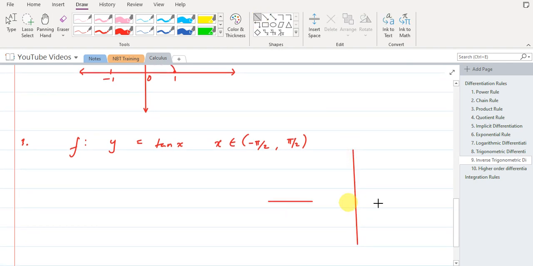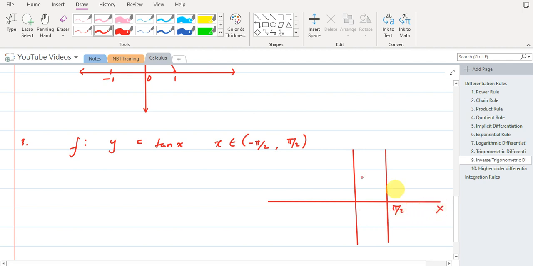On the original tan graph, these will now become horizontal asymptotes. So this is pi by 2, and minus pi by 2 is on the other side.